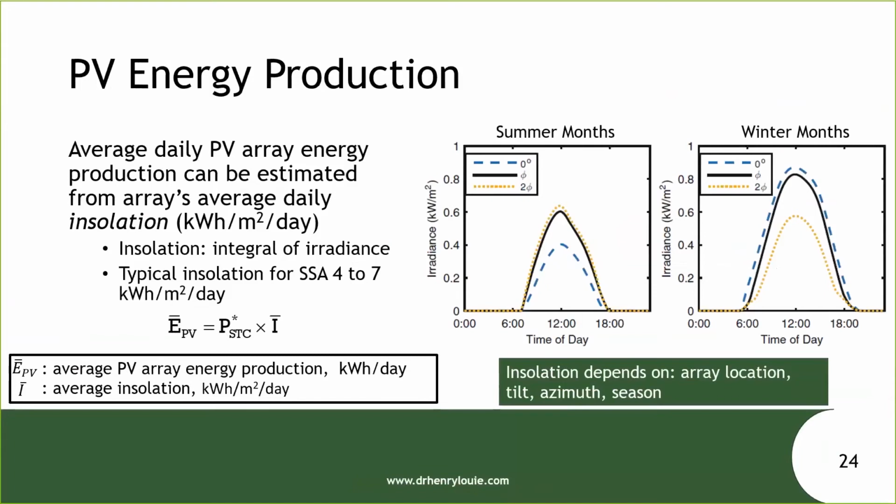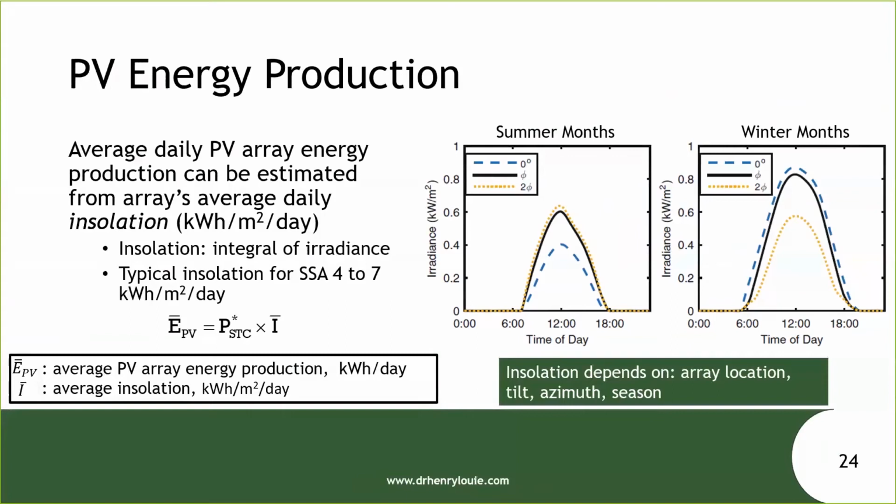Now, if you're interested in the energy that a PV will produce over the course of the day, you need to know something about the irradiance of the location, and you also need to know something about how that PV array is going to be tilted. One way that we measure the solar resource of an area is called insolation, and it's just the integral of the irradiance. You take the irradiance and integrate it over the period of a day, and you get something we call sun hours, typically a value between, say, 4 and 7.